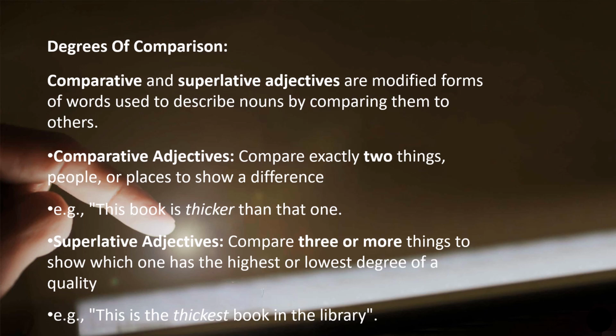Today we will learn about comparative and superlative degrees of adjectives. Comparative, as you can see by the name, is a comparison. Comparative and superlative adjectives are modified forms of adjectives which are used to describe nouns by comparing them to others. A comparative adjective is a comparison between two things.